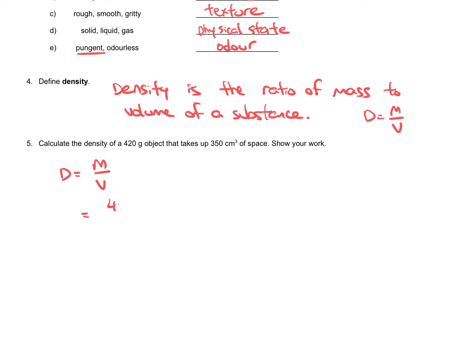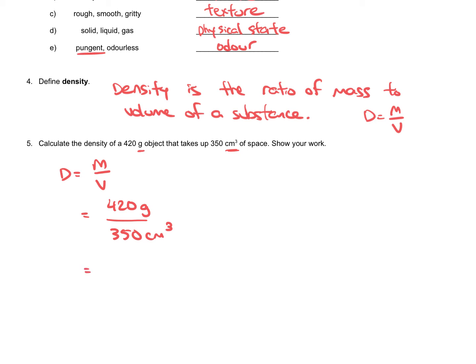So 420 grams is the mass, and 350 centimeters cubed is the volume. And so you have to know which number is which just by reading the words of the question. You can tell by the units. If it's in grams, it's a mass. If it's in centimeters cubed, it's a volume. Other volumes include meters cubed and milliliters.